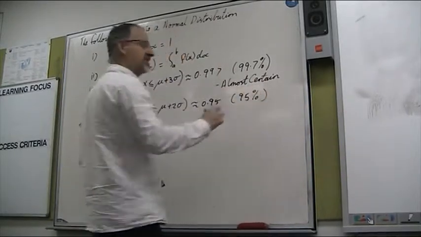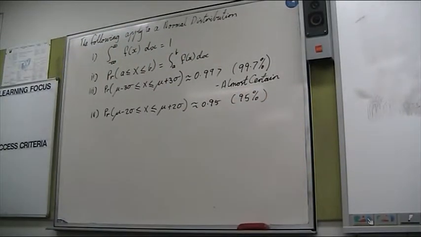And 95% of the stuff fits into that. That's the two sigma. And the next one is 68.